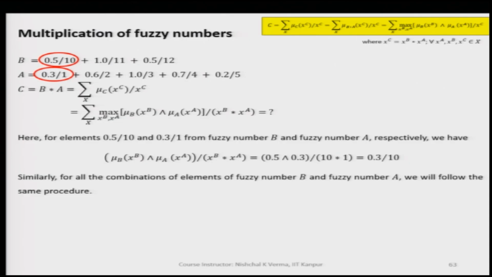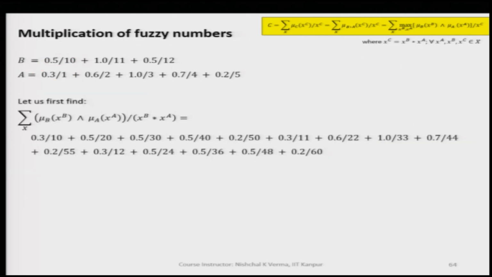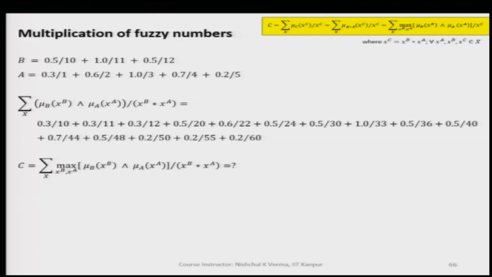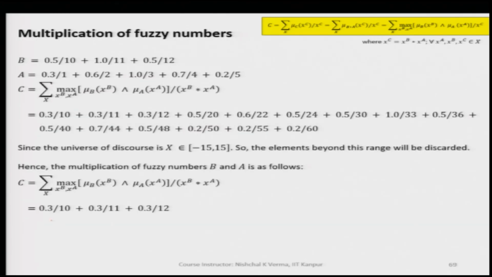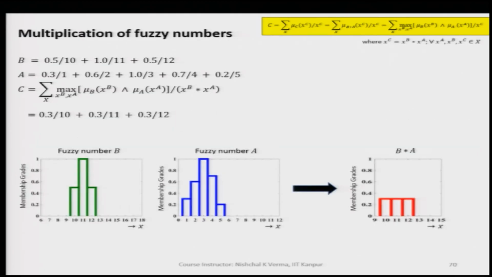When we apply the same procedure of computing B multiplication A, after doing all the computations and intermediate steps, we again land up with only 3 elements, the same elements. So, when we plot this, B star A, means when we multiply B and A, we get the same set.